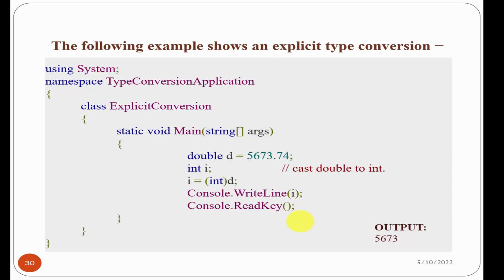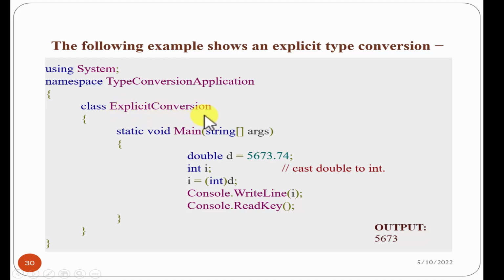We will see in this program an example of explicit type conversion. This is using System. We know this is the system namespace, and this is the user defined namespace, TypeConversionApplication. Inside this namespace we have a class. The class name we have taken here is ExplicitConversion.